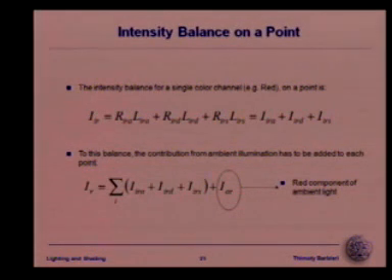Basically, when you have an ambient light, in general, what is the idea of getting the whole intensity in one point? Well, this is for the red channel, the example.